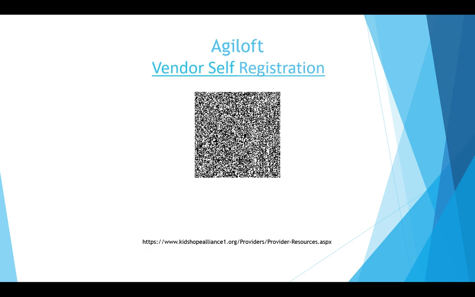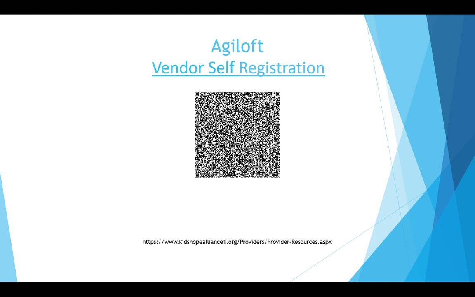So if you need to navigate to the vendor self-registration and you have this PowerPoint, you can click the underlined vendor self-registration link. You may also at this time scan the QR code, and also at the bottom you see a URL address at the Kids Hope Alliance website.